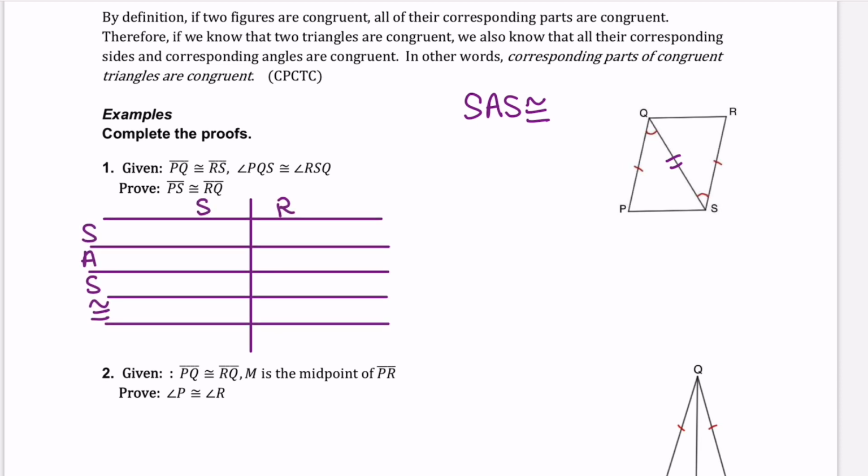Okay, so we're going to start with a side. We have a given side right here. PQ is congruent to RS. That is given. Our angle is also given. Angle PQS is congruent to angle RSQ.